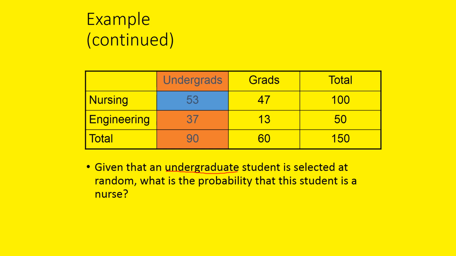Probability of nurse given grad student. Okay, so let's think about this. We're to find the probability of nurse given grad student. Okay, that means, I'm sorry, undergrad. My bad.